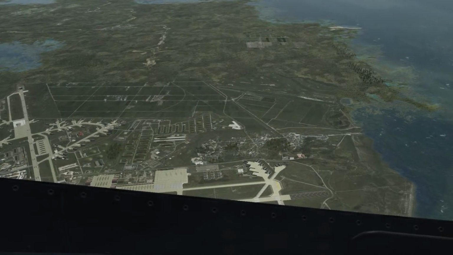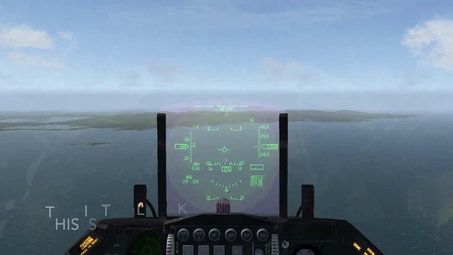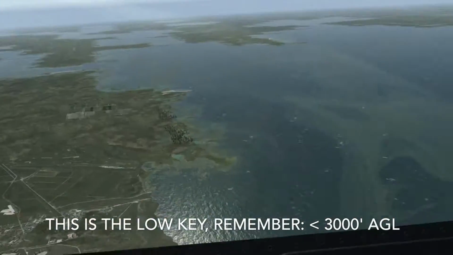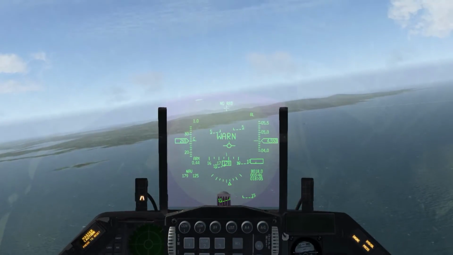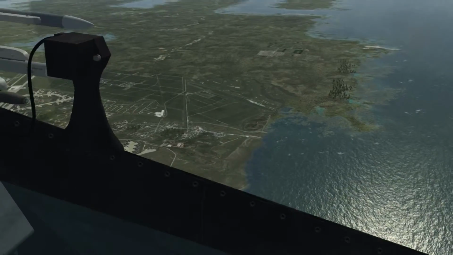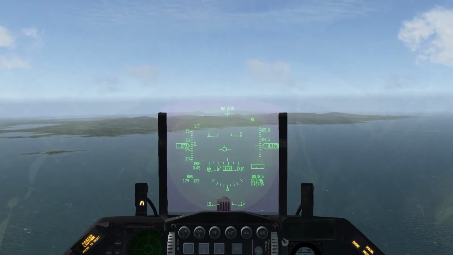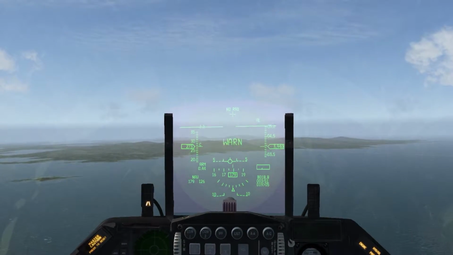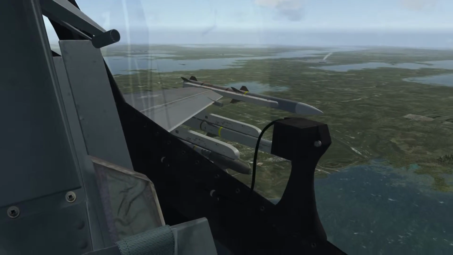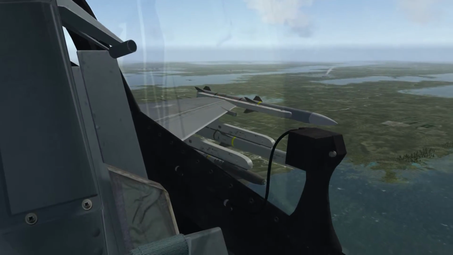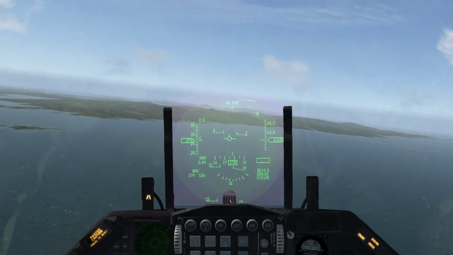There we go, and parallel with the threshold of the runway, 1,000 feet higher than we need to be, so we can still make it. Right, and I'm going to turn back about now.